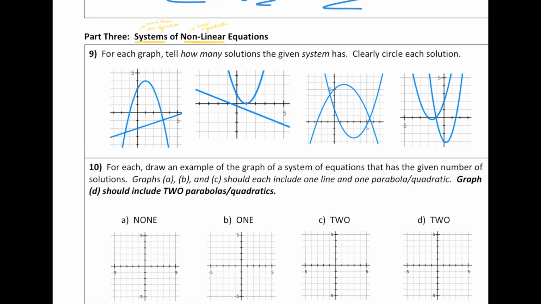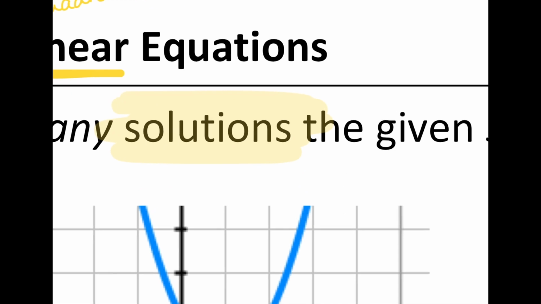So the main idea is this. If you have a system of equations, the solution is where the graphs intersect. So here, you want to look for intersections between the two functions that are being graphed.